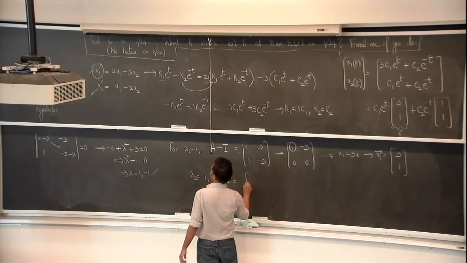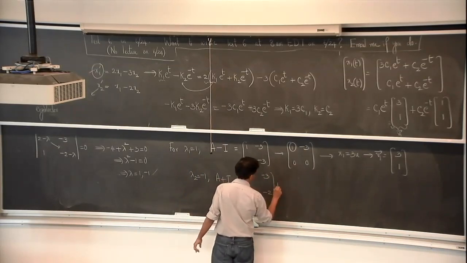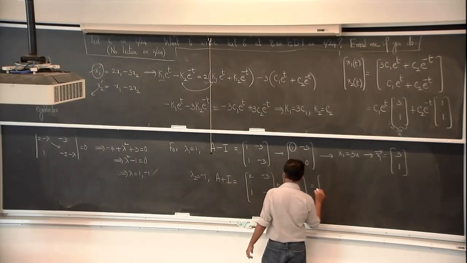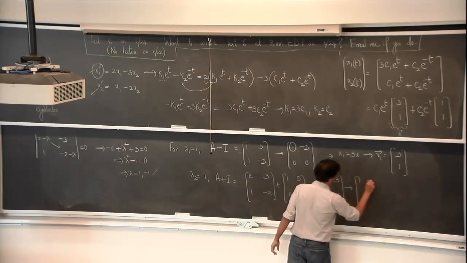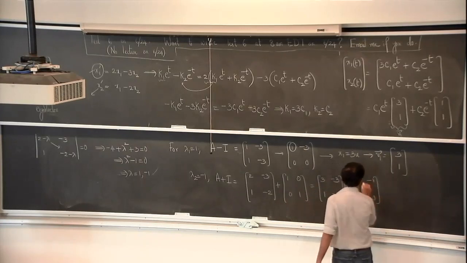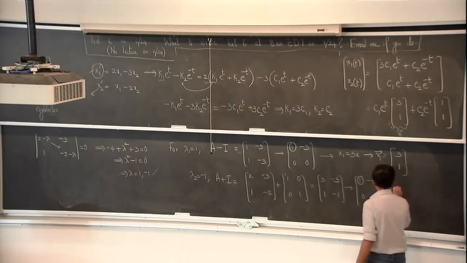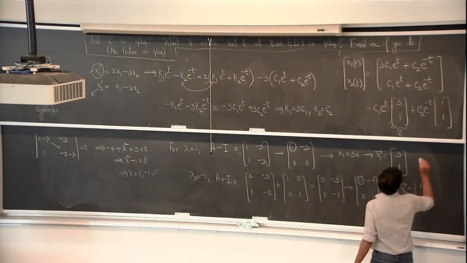I should write it down actually. (2, -3; 1, -2) plus (1, 0; 0, 1). I shouldn't get too excited. That gives (3, -3; 1, -1). Once again, x1 is basic, x2 is free, so an eigenvector would be v2 equal to (1, 1), okay, which is what we have here.